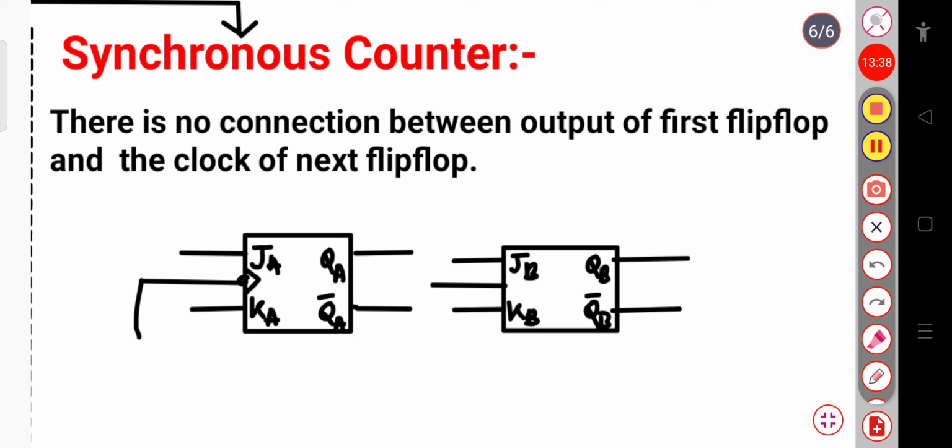I'll give the clock here, and here it is also the clock. And in this synchronous counter, I will connect this clock with the second flip-flop's clock. Okay, it is like this.